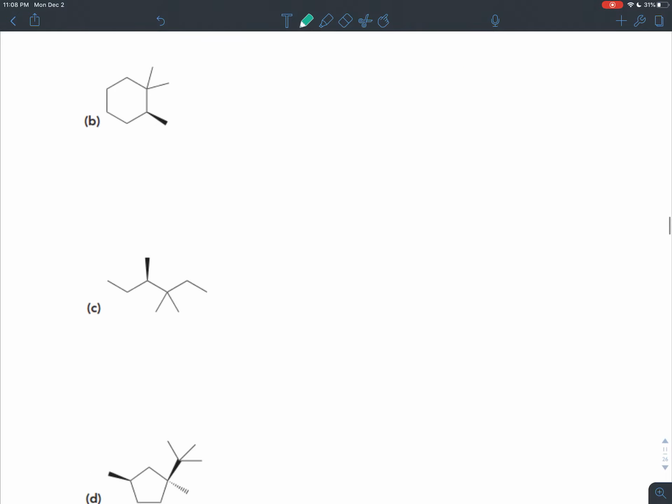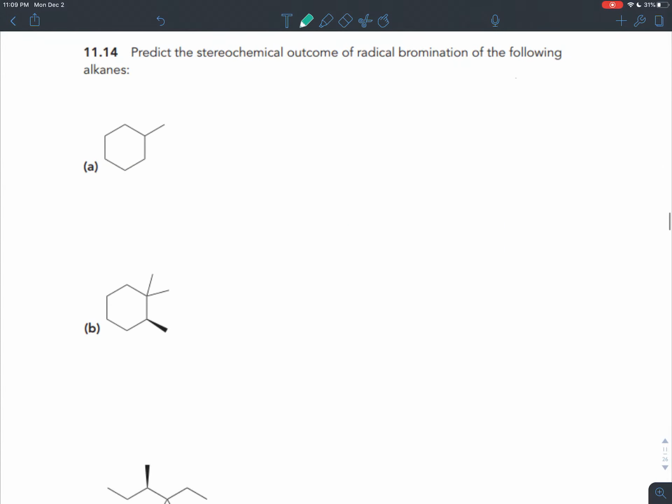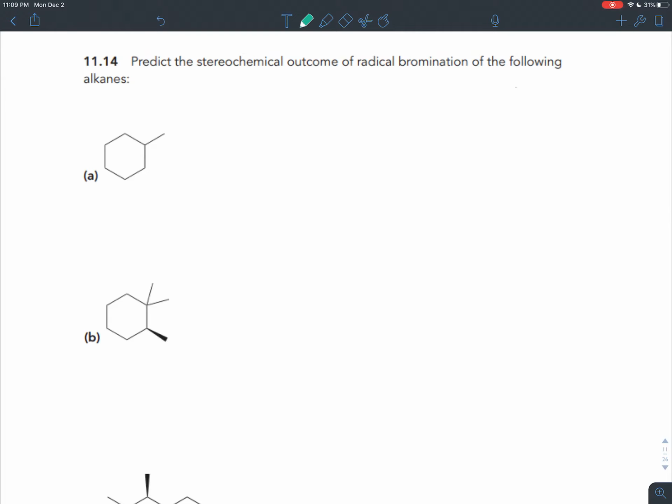Now, exercise 11-14 is really doing the same thing. The only difference is here, and you can see this with these special bonds, those 3-dimensional bonds. Here, they're giving you chiral centers. Now remember that these radicals exist in p orbitals. And if they exist in p orbitals, then the atom that they're on only has 2 p orbitals left.